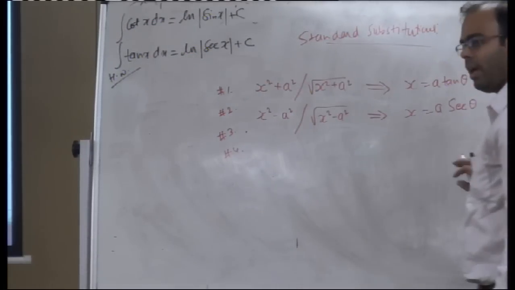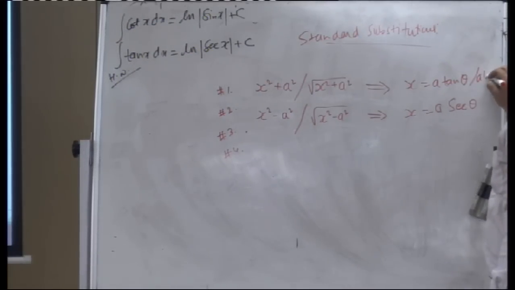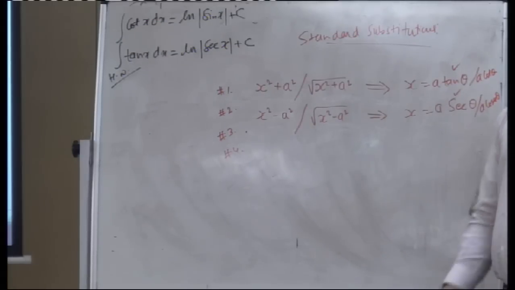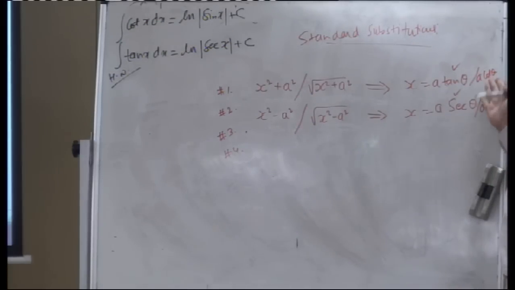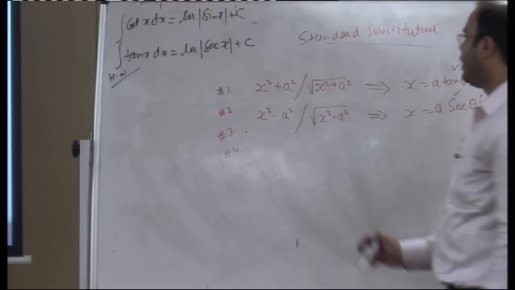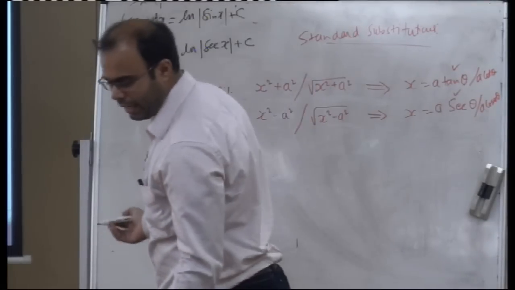Here again we have a choice. We can take a cot theta here as well, and we can take a cosec theta here as well, but generally we take tan theta and sec theta, because when we differentiate cot theta, you will get a minus sign. You will get a minus sign in cosec theta as well. So we generally take tan and sec. But depending on the question, we can take like this as well.